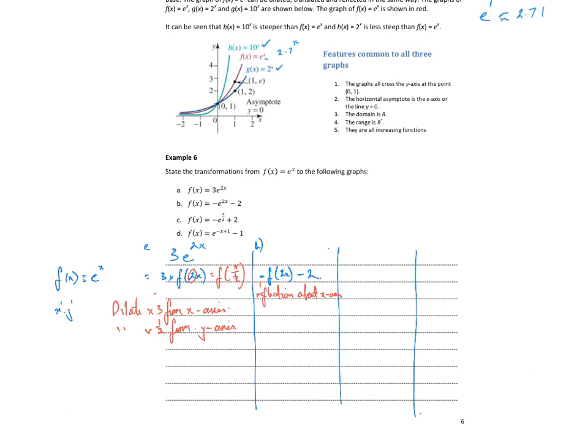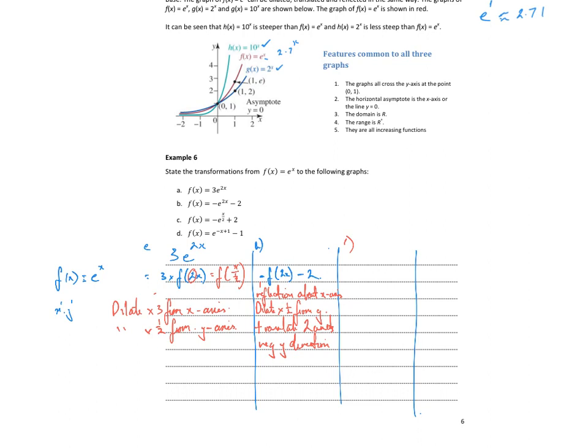Again, the 2 inside is dilate by a half from the y-axis, and the negative 2 moves it all down. So we're going to translate 2 units in the negative y direction. Okay, a little bit tight to write.